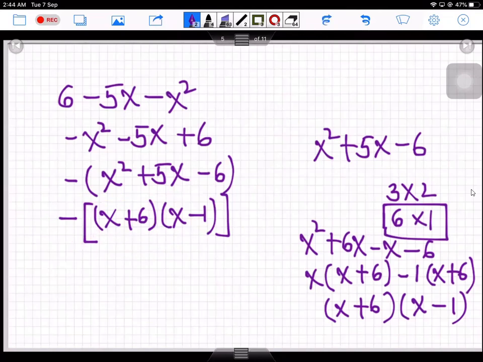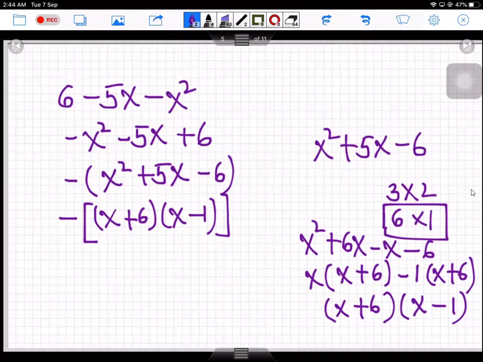I mean, in the end, they will provide you the same answer. Just the way of expressing the product of two linear factors will be different, but they will provide you the same answer, because if you in the end multiply the two linear factors, if you just expand them, they will give you exactly this quadratic expression.